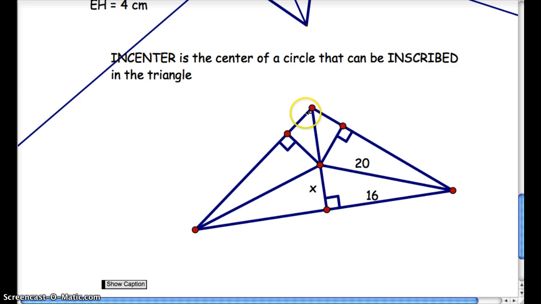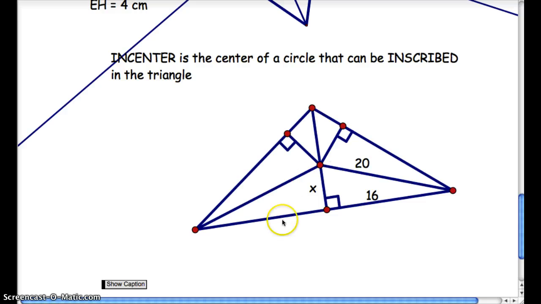Because we just said the incenter is equidistant to the sides of the triangle. This is our incenter. Look, here are our lines coming through the vertices. That's the incenter. Now, how do I find X? Pythagorean theorem.